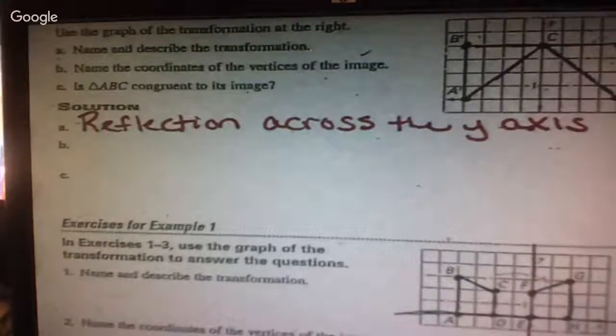Okay, so before we can do B, B says name the coordinates of the vertices of the image. First off, we've got to figure out which one of these is the image and which one is the pre-image. Which one of these figures is my original shape?